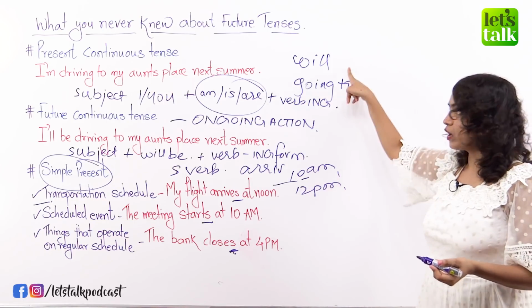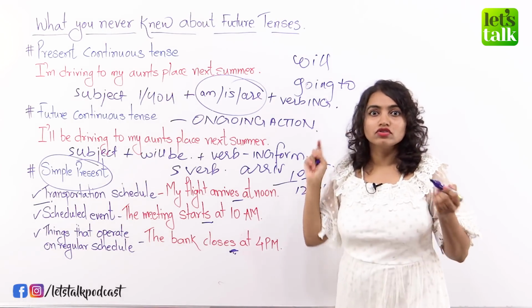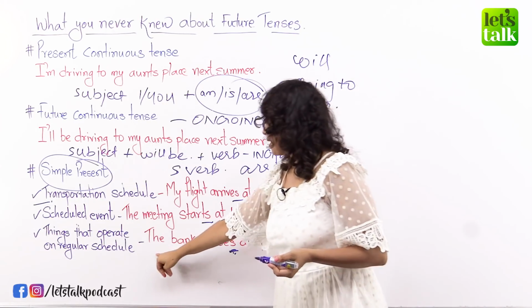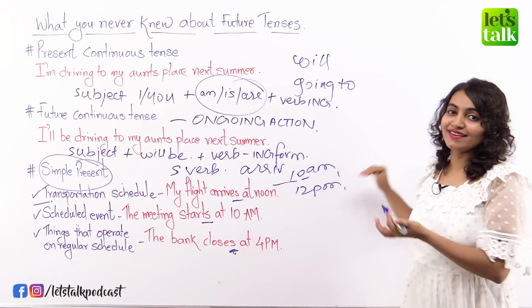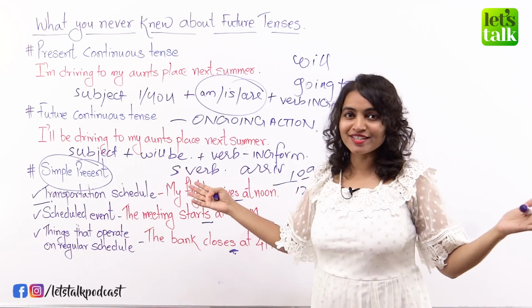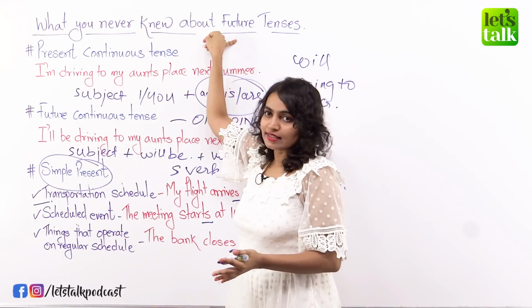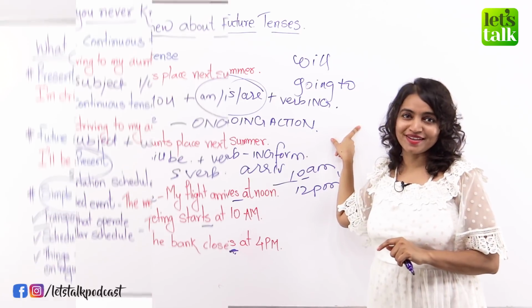My bank will close at 4 p.m. My bank is going to close at 4 p.m. Don't be boring. Say, my bank or the bank closes at 4 p.m. So as you can see, there are various ways to talk about the future tense, and you don't have to use these 2 boring ways to do it.